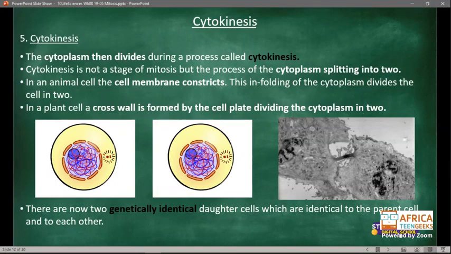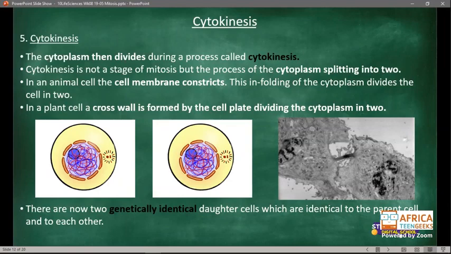Then we have anaphase. I say you can see the letter A. Remember, it means apart. So the chromatids are pulled apart to the opposite poles of the cell. And then for telophase, the nuclear membrane reforms and the cell divides into 2.